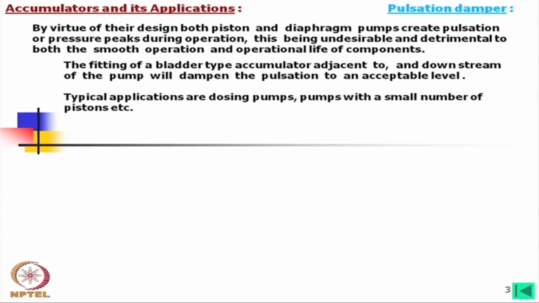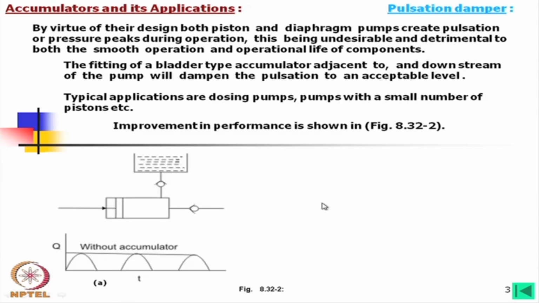So, 5 will have more ripple, and if we use an accumulator with those 5 pistons in all applications, then it is always better. And a dosing pump, you understand, is some sort of feeding the oil, and may not be the main system.